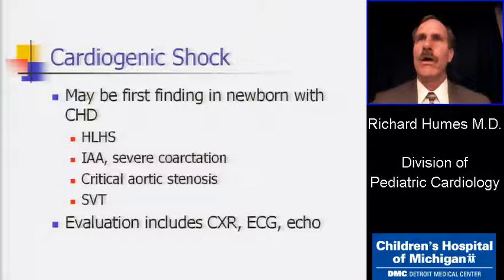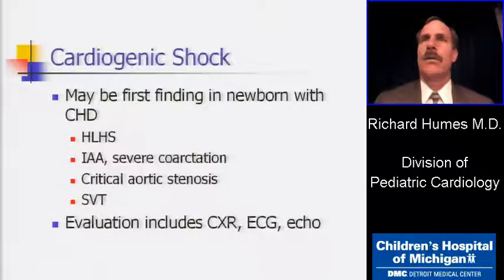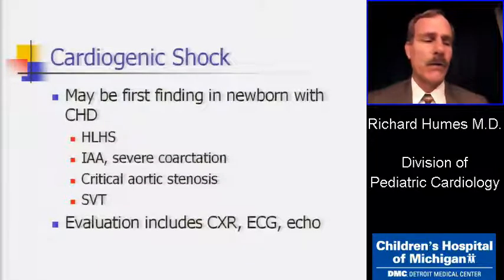If we're in the first few days of life and the infant was well and they suddenly became ill, one has to think that ductal closure might have influenced that, and they may have a ductal-dependent outflow. So you think about things like hypoplastic left heart syndrome and interrupted aortic arch.